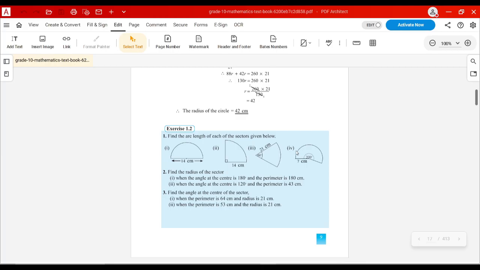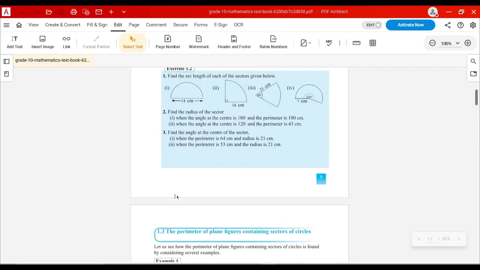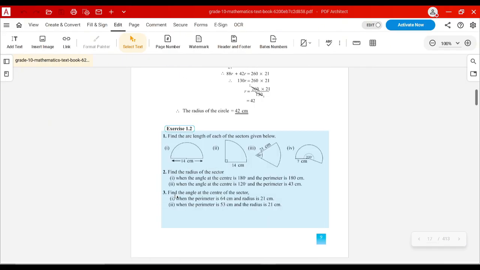If 2 properties are given, how to find the other property. So that's what we are doing in questions number 2 and 3. Right, so please take some time. It won't take 10 minutes. But yeah, do this one, and I will provide the answers after it.